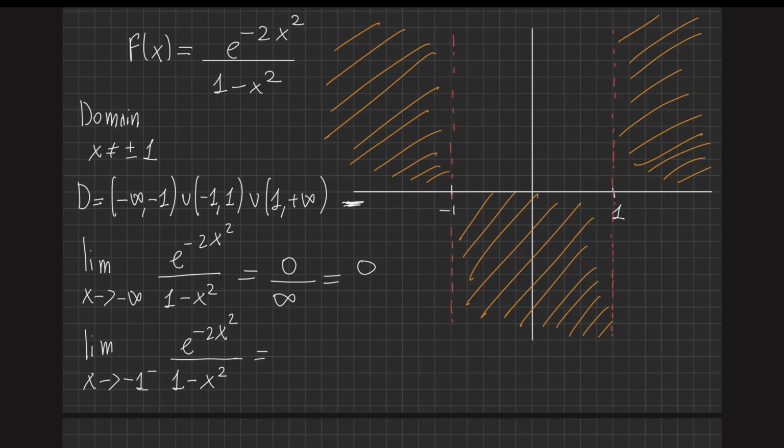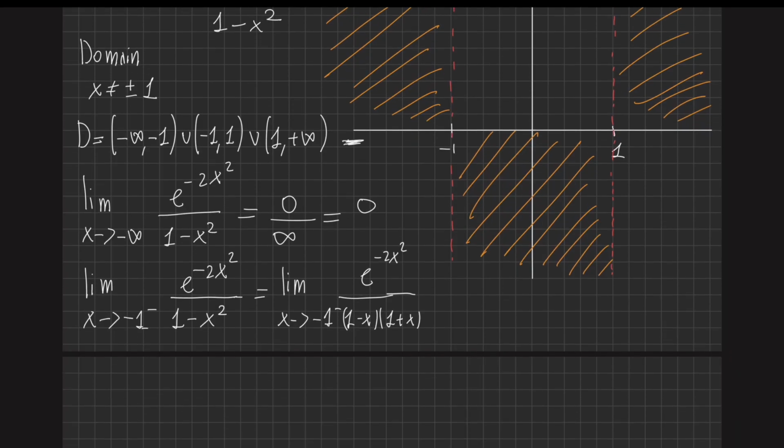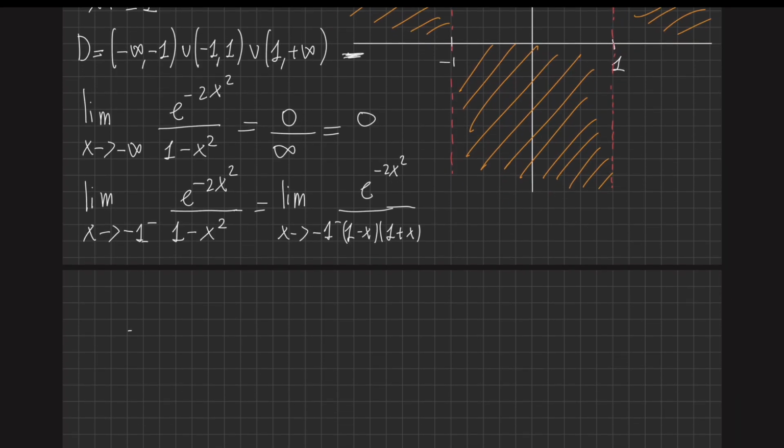And a good way of being careful is rewriting the fraction with the denominator simplified a little bit. What I mean by that is we can factor the denominator. Indeed, this is equal to the limit as x goes to minus 1 minus of e to the minus 2x squared divided by 1 minus x times 1 plus x. And now this limit is a bit easier to compute.